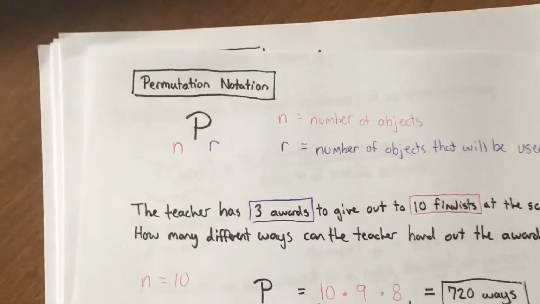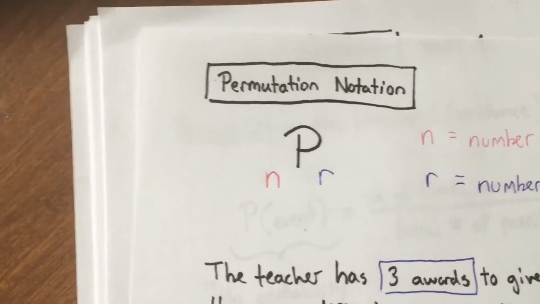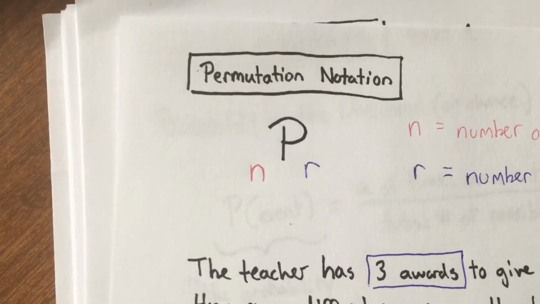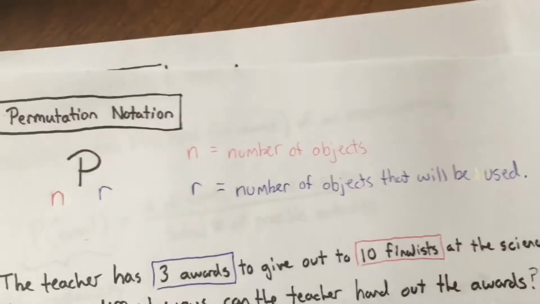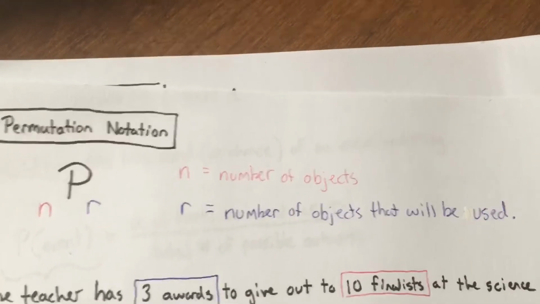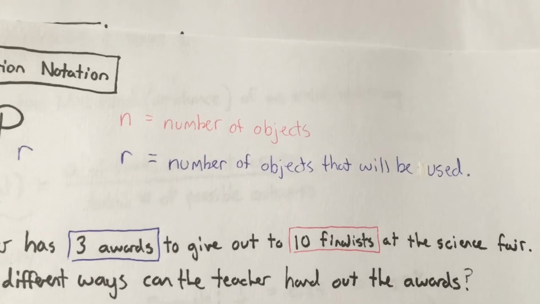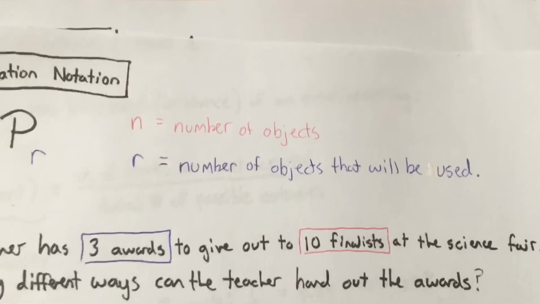Permutation notation looks like this. You'll see this symbol that says nPr. Anytime you see that, we're calculating a permutation, and n stands for the total number of objects, and r represents the number of objects that will be used or chosen.